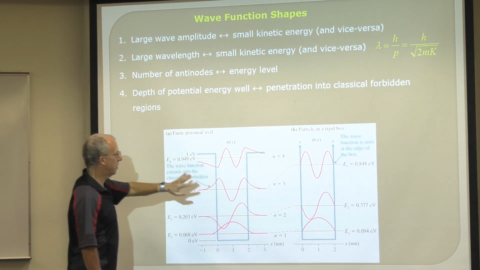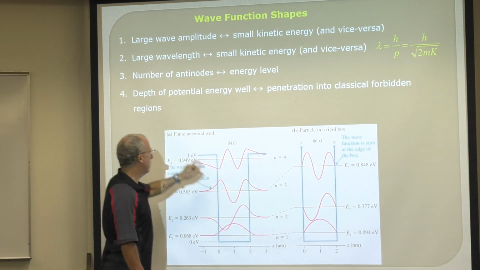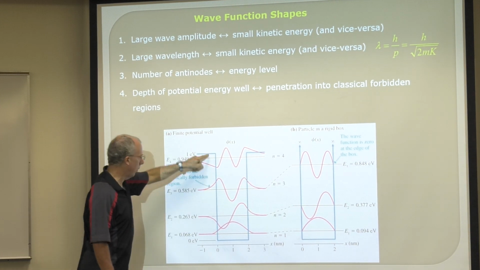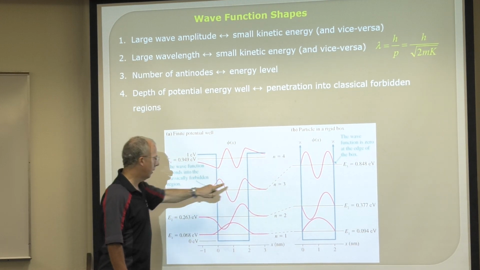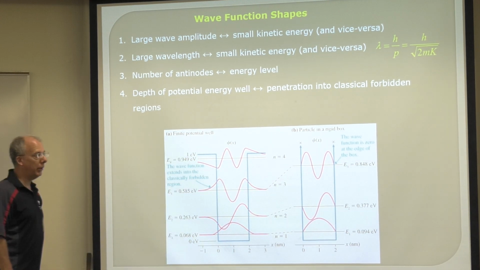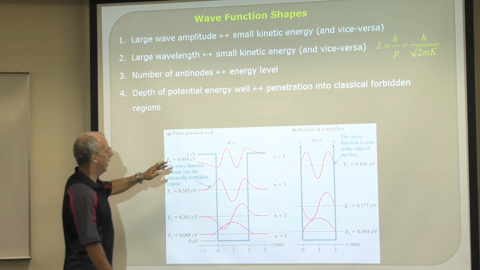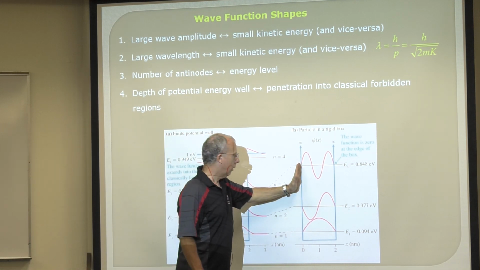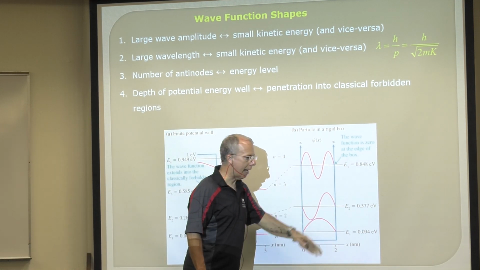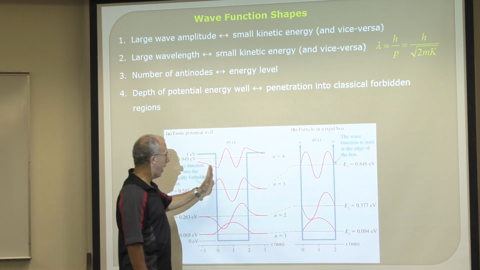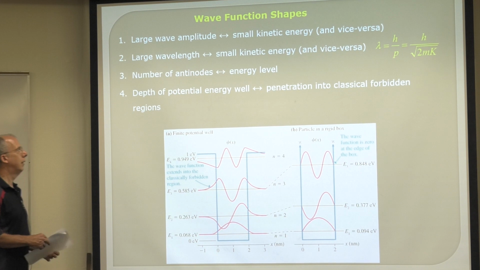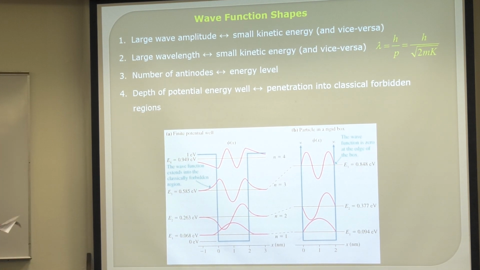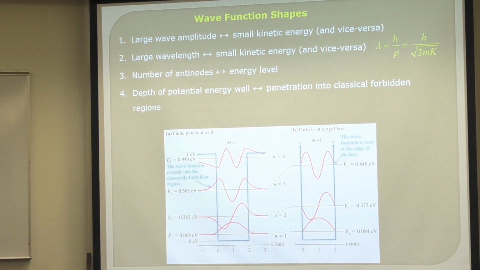But here's a finite well, right? Finite well, and there's this penetration into the classically forbidden region, okay? So basically, if we have an infinite well, no penetration into the classically forbidden region. If we have a finite well, we know we're going to penetrate the classically forbidden region. So we know a lot, right?